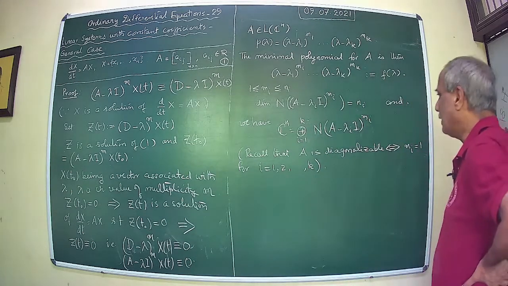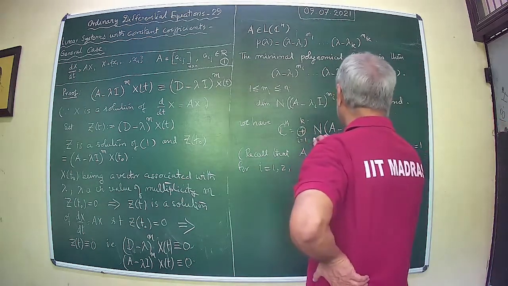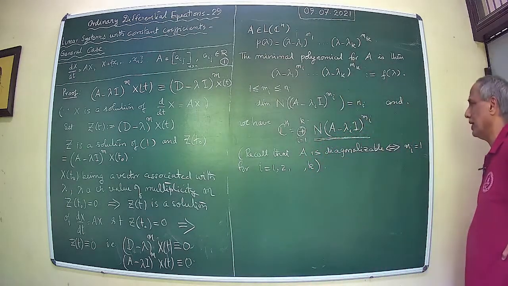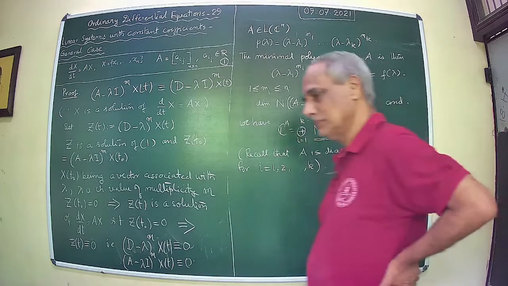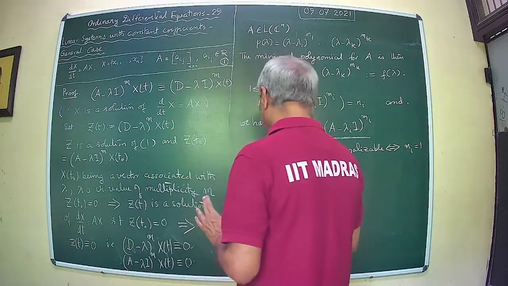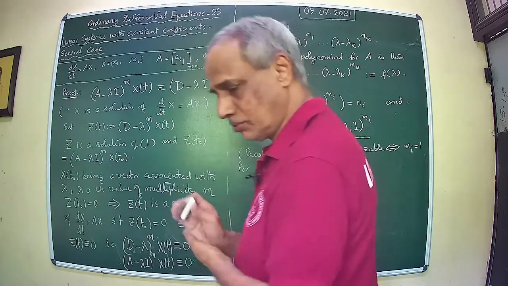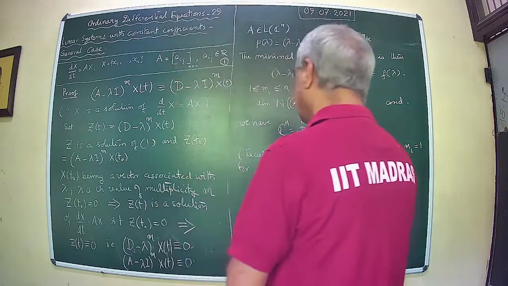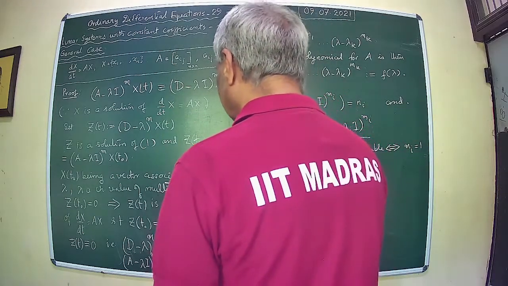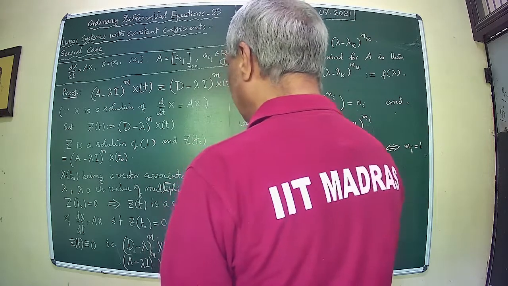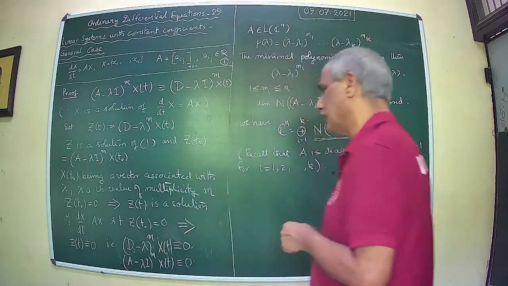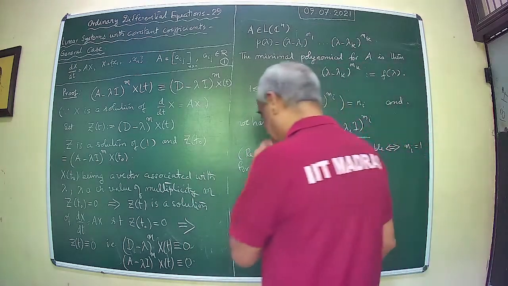So what we want is, from this relation you see that you work on the null space of A minus lambda I to the power mi. So take one of them for a particular lambda and then try to work this out. Okay. So this is called the vector associated with a characteristic value of multiplicity m. Okay. So let us write down.